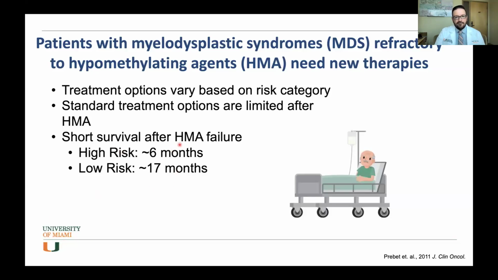From some studies published a decade ago, so this might be better survival now, after the azacitidine or decitabine stopped working in high-risk MDS, survival was around 6 months. So definitely there's a need for developing treatments for patients after the hypomethylating agent.